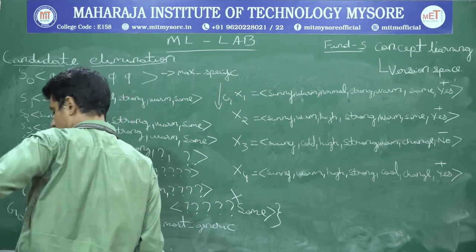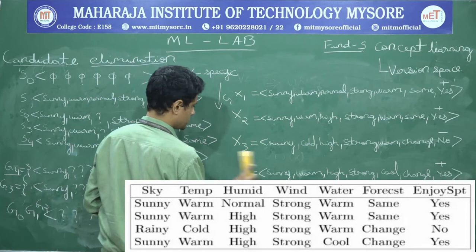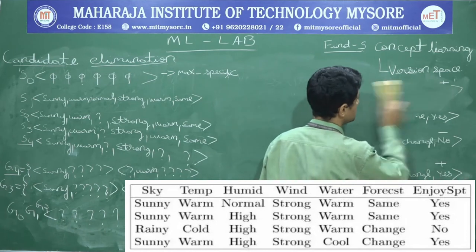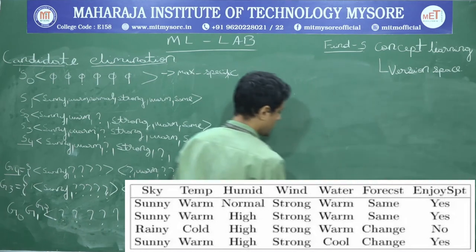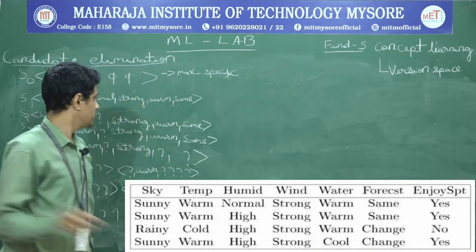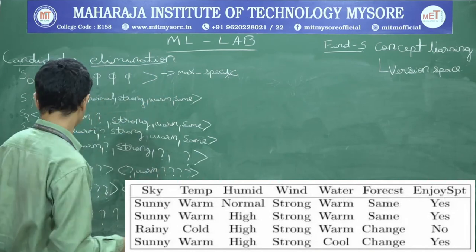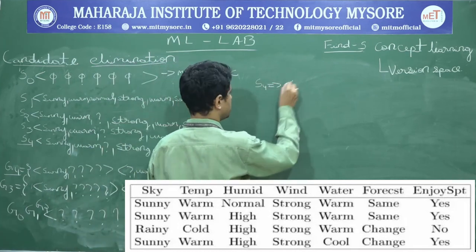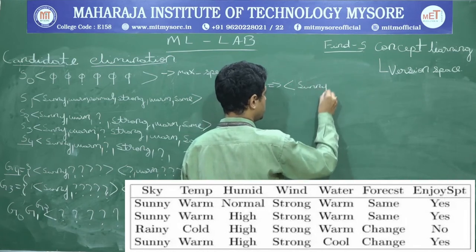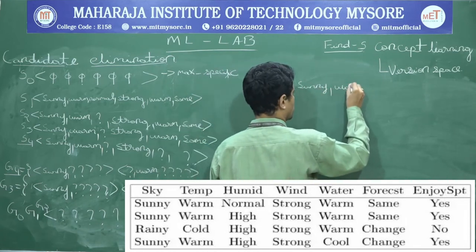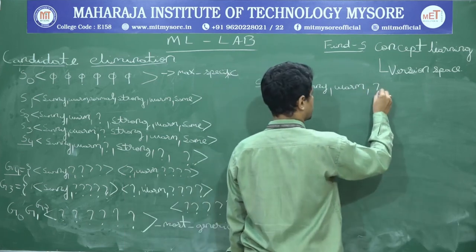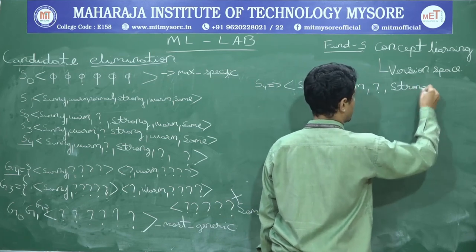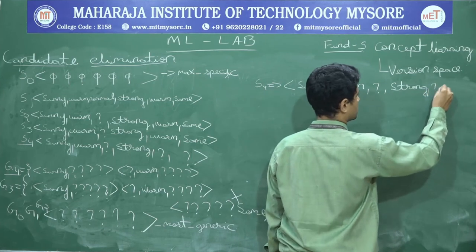So now I will display this example on the screen for you all. I'll tell you how to generate the version space. It will be required in your theory part also, not only in the laboratory part. So what is my specific boundary, what I have got? It is sunny, warm, question mark, strong, question mark, question mark.